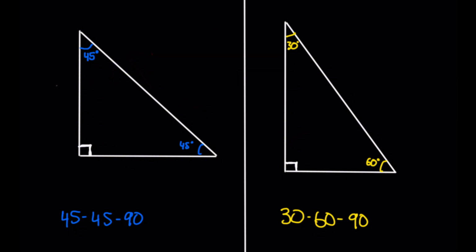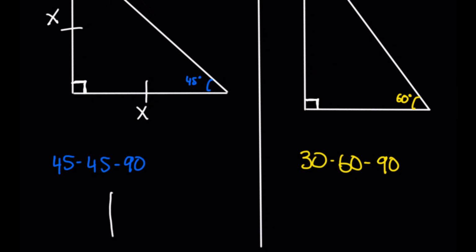Okay, so first we're going to go with the 45-45 triangle. We can remember this one by it having two of the same angles. That means these two sides would be congruent, because if they weren't congruent, like if this side right here is longer, the angles wouldn't be the same.